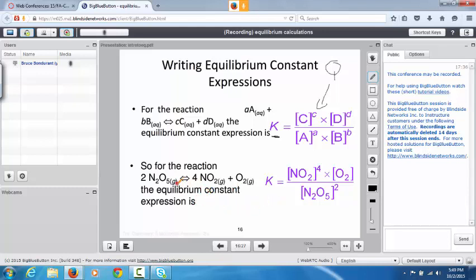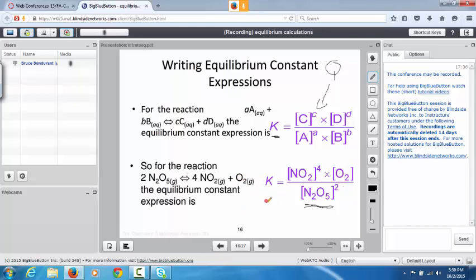So here's a typical reaction. This is the breakdown of dinitrogen pentoxide to NO2 and O2. There are two dinitrogen pentoxides as the reactant, and those are in the denominator squared because of the 2, and there are 4 NO2 produced, so that's in the numerator to the 4th power because of the 4, and 1 oxygen to the 1st power.